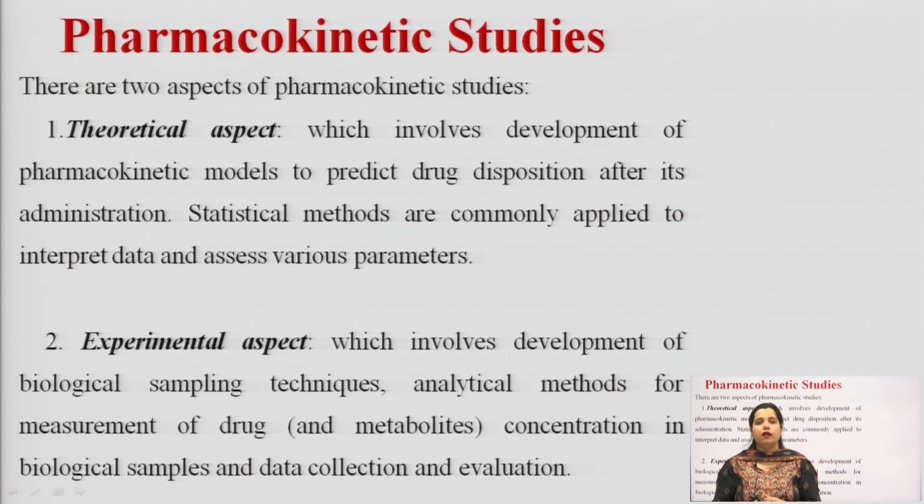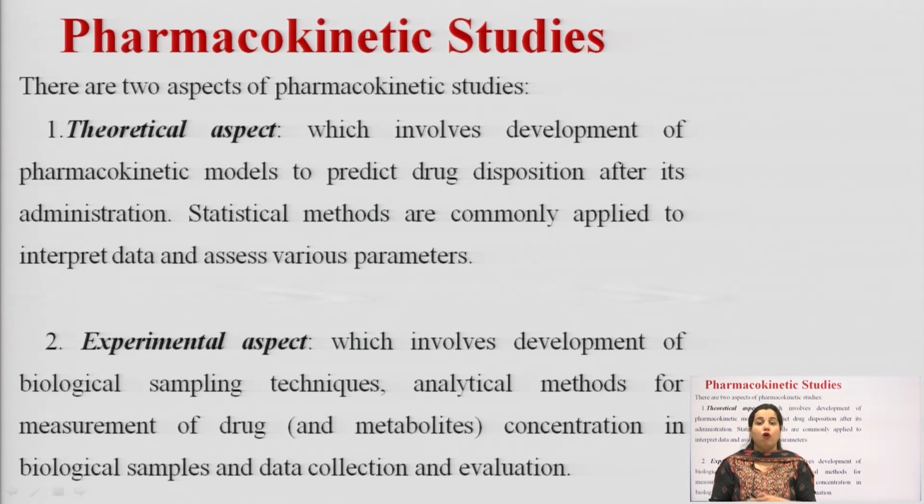An experimental aspect involves development of biological sampling techniques. Of course, using the mathematical calculations, we generally develop experimental models, and then we perform the experiments to check the drug behavior in the body, and how the process kinetics affect the drug absorption or drug performance within the body, right.